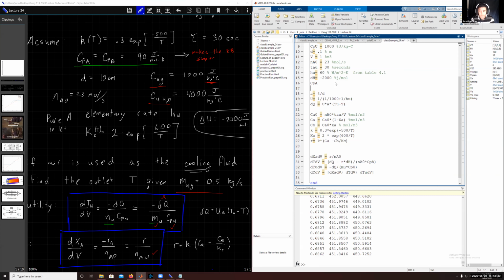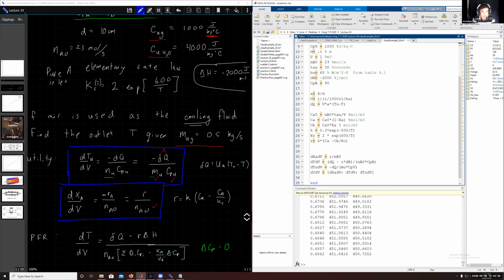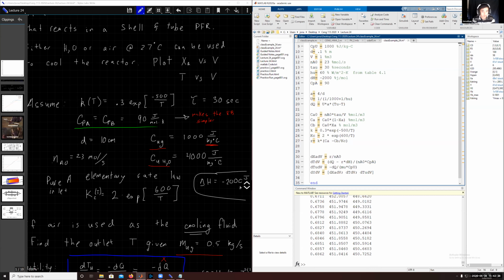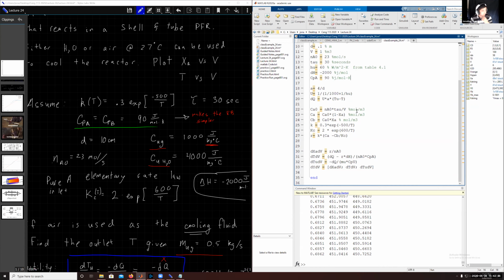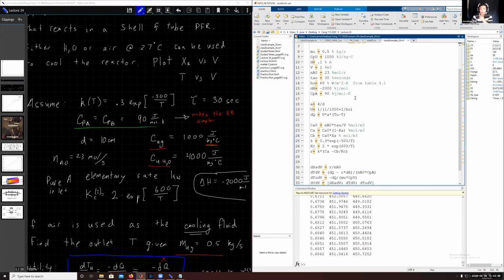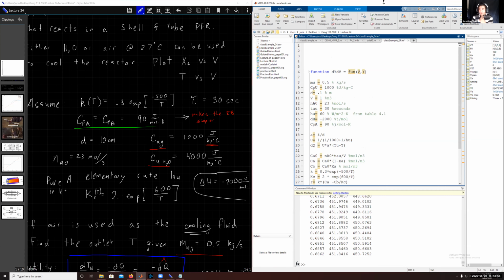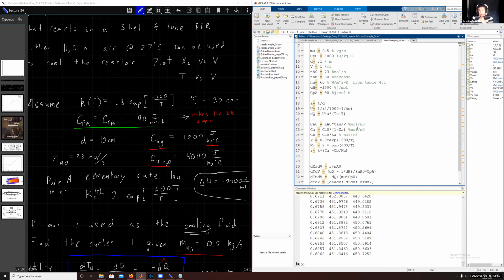So CPA was given as 90, I believe. 90 joules per mole Kelvin. Okay. So I believe this is everything. Our function should be fully defined now with all the constants.